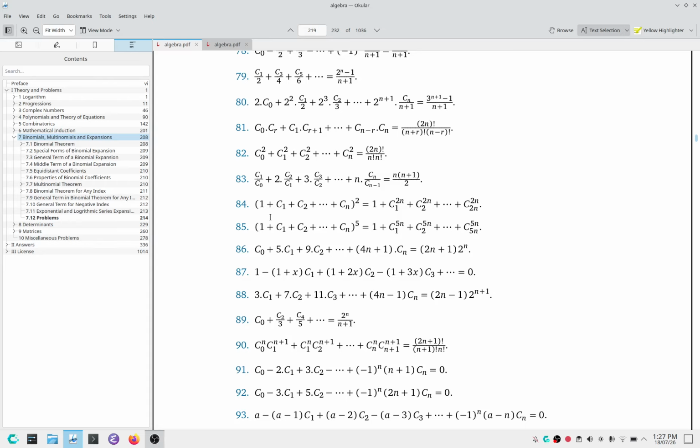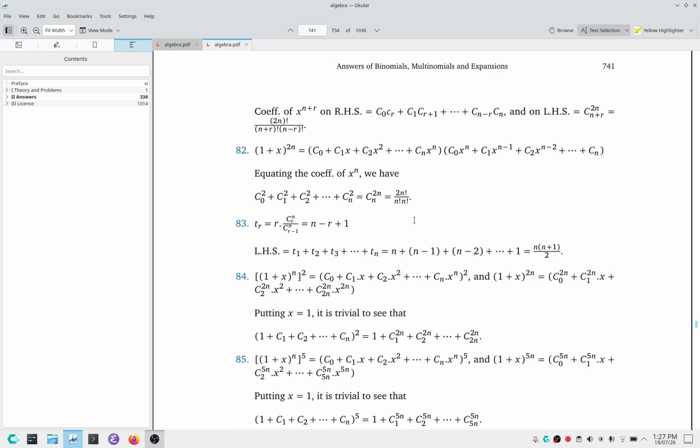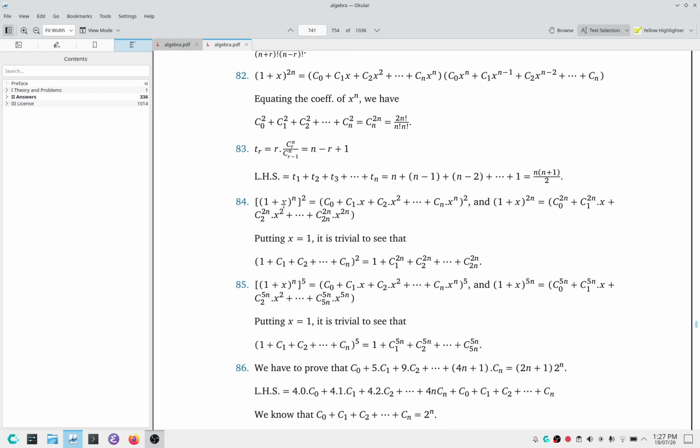Question 84 says that we have to prove that (1 plus C1 plus C2 up to Cn) whole square is equal to 1 plus 2nC1 plus 2nC2 up to 2nC2n. So we take (1+x)^n and we square that, we get (C0 plus C1x plus C2x^2 up to Cn x^n) whole square.